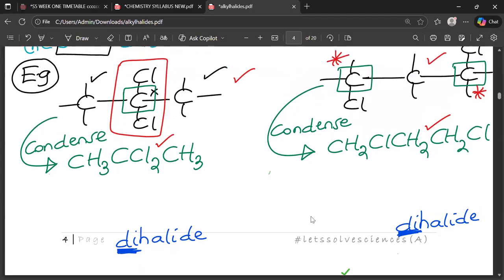I don't know which format we are going to use, but you people are not supposed to forget this, because they are one of the things that make you a very good chemist. Very good chemist. Okay.